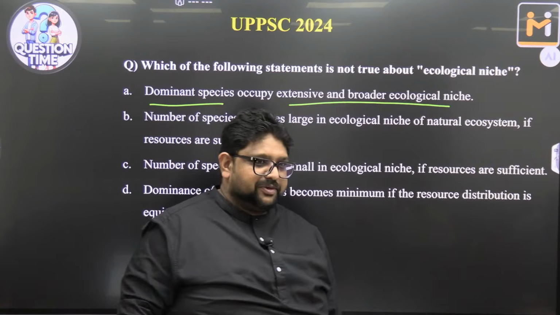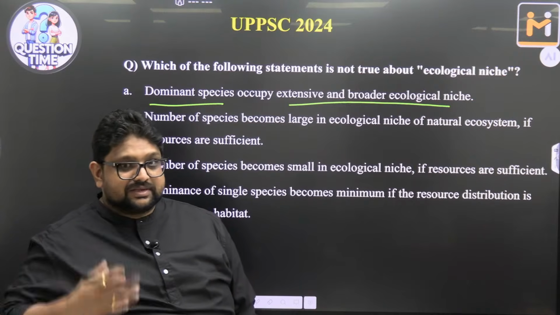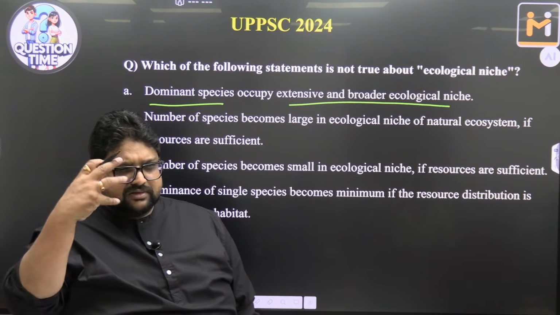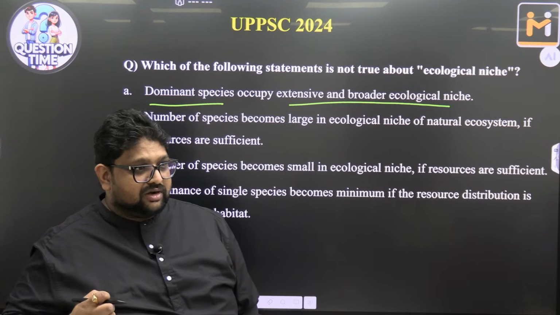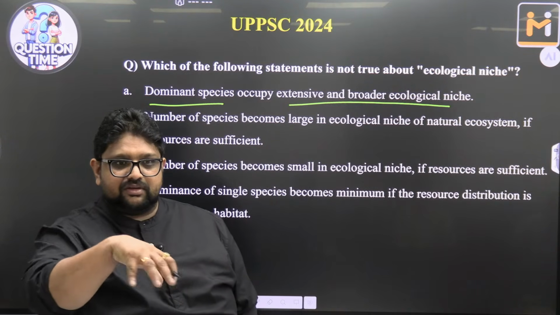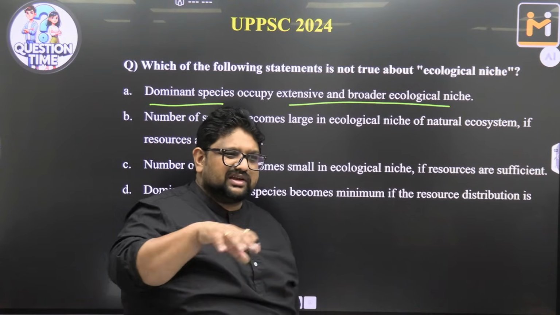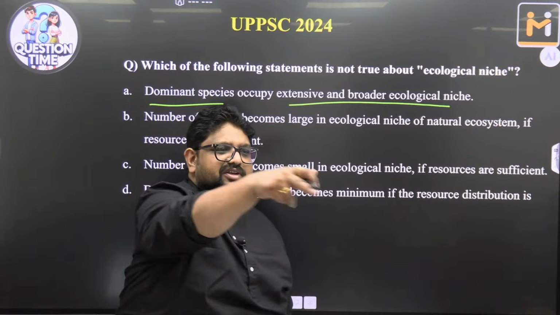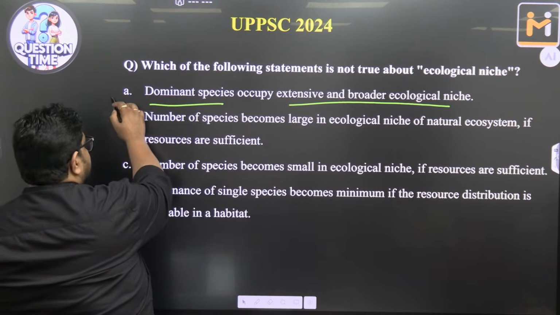Is it true? Yes, because they are stronger. If you take the monkeys, there are some red-faced monkeys and some black-faced monkeys. The red-faced monkeys are stronger. They occupy the main middle of the forest where there is a good number of fruit trees, and all the other weaker monkeys will occupy the periphery. Okay, dominant species will always occupy this.